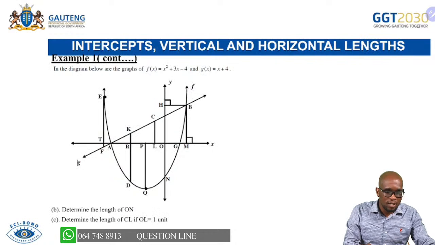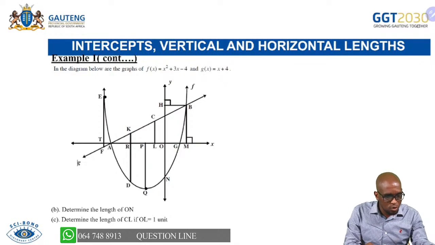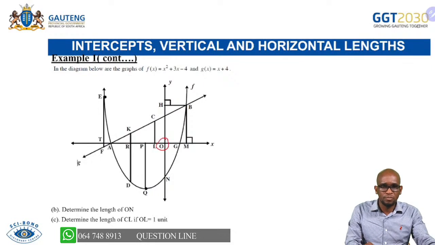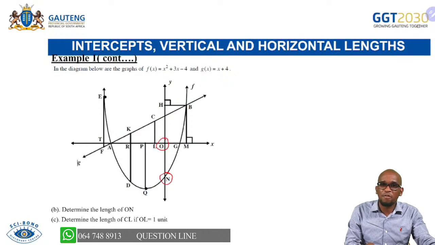Same function, but now we want to determine the length of ON. So we're going to check O and N on the graph. O is the origin and N is on the graph of f, where the graph of f intersects the y-axis.